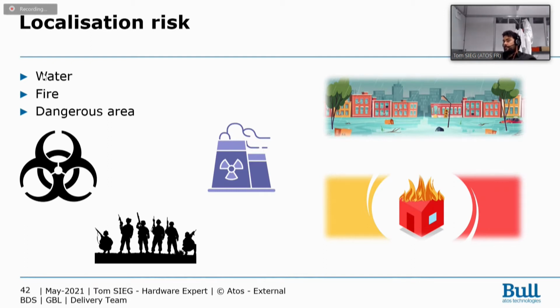So when you put a data center somewhere, take into account that you are not in an area that will be submerged by water, that has some rain problem, or any risk linked to water. For the fire, it's exactly the same.